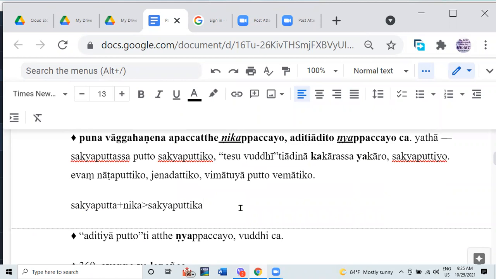The meaning is the same, only the suffixes are different. Sacha Buddhiko. Tesu Didi Ardina, Kakarasa Yakaro.